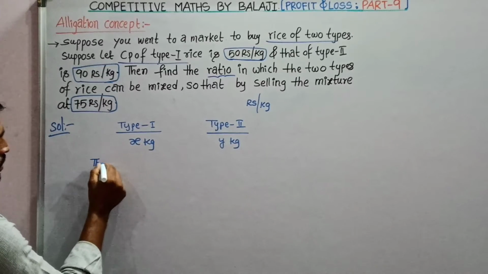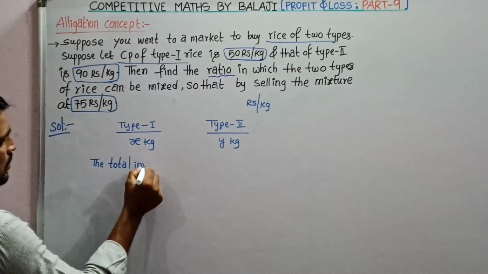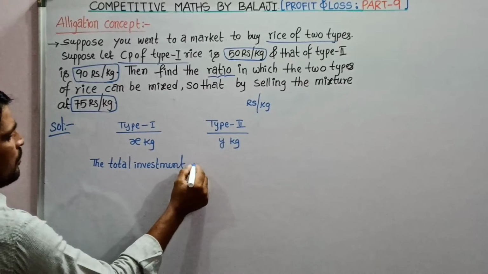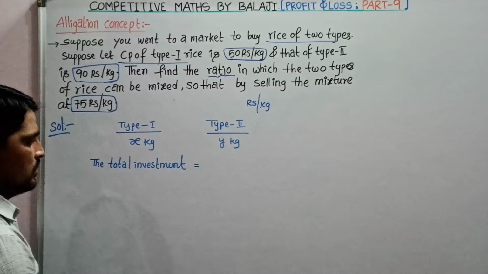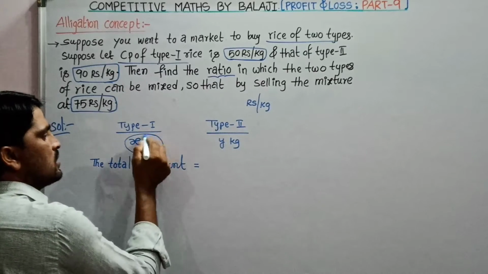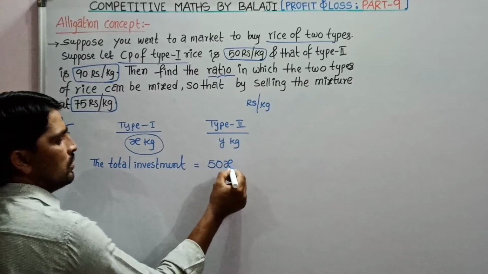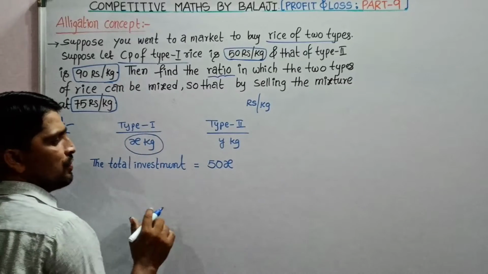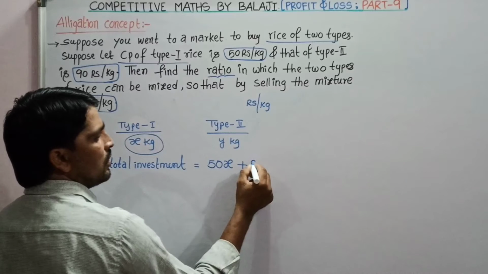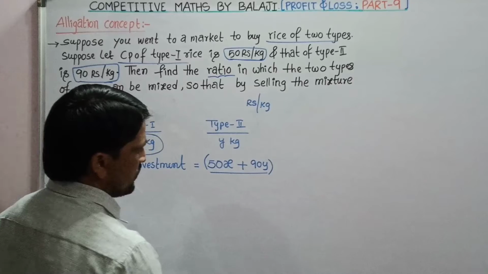Then the total investment, that is the CP of the two types of rice: type 1 quantity is x kgs, each kg is 50 rupees, so the CP of type 1 rice is 50x rupees and that of type 2 is 90y rupees. So this is the total investment.